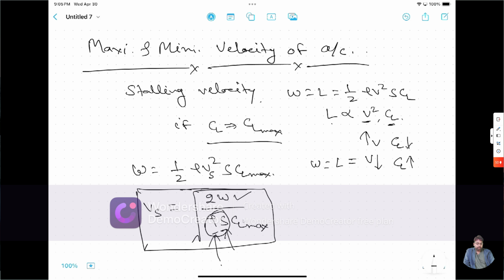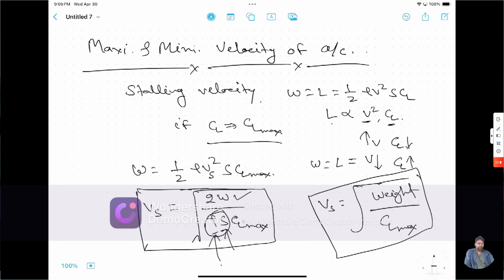And CL max also is a constant for a particular airfoil. So we can say the stalling velocity depends on the CL max particularly and weight, and CL max.